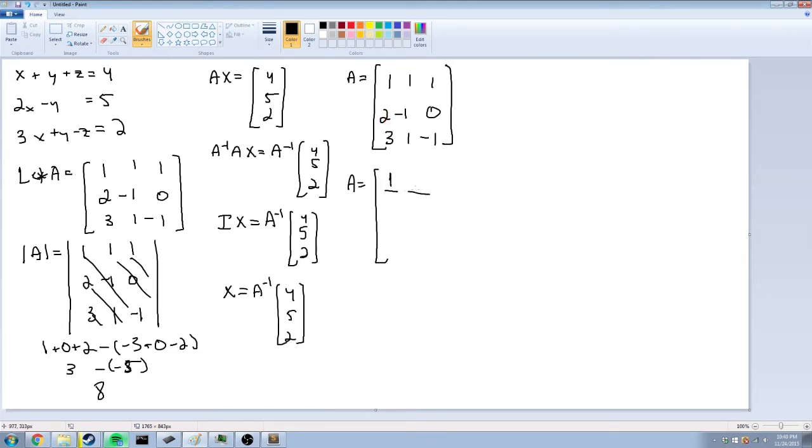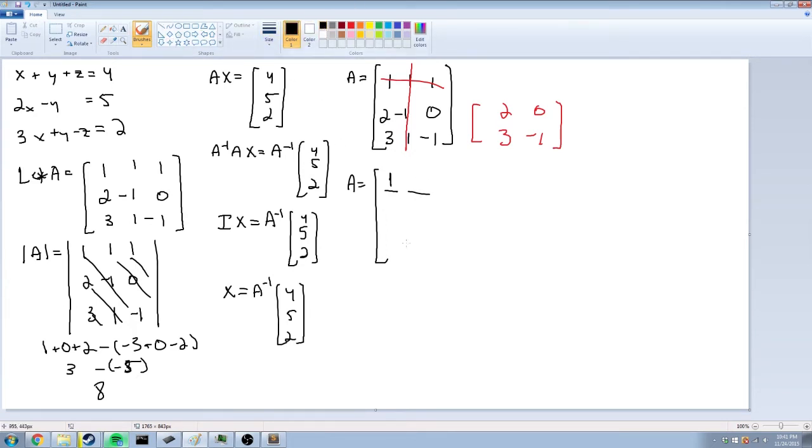And for this next one, you do the same thing, except it would be for the second position. You cross out the row it's in, which is the first row, and the column that it's in, which is the second column. Then you have this matrix right here, which would be 2, 3, 0, negative 1. You find the determinant of that, which is negative 2, and then 3 times 0 is 0, and negative 2 minus 0 is negative 2.